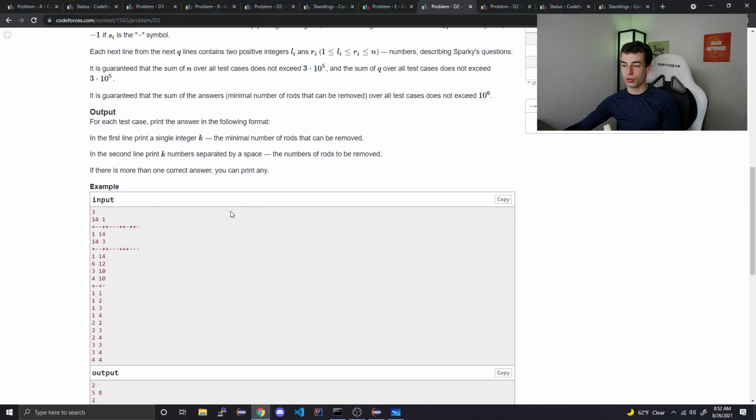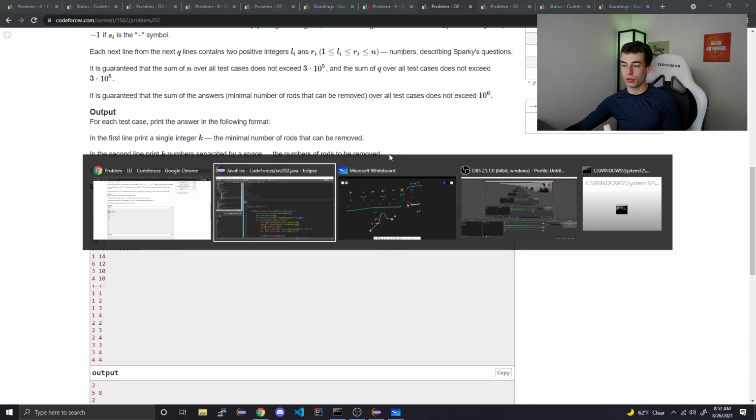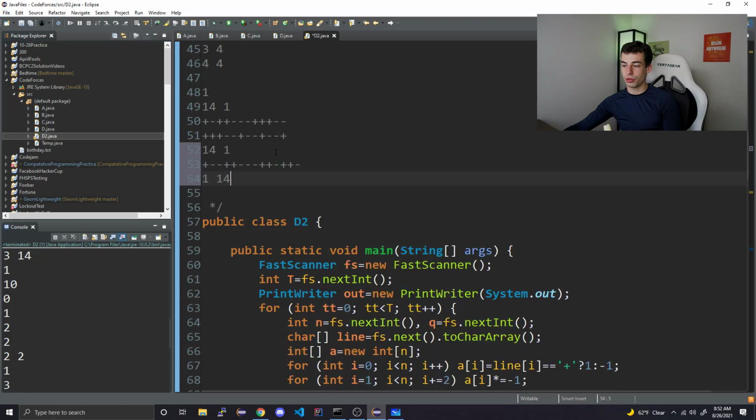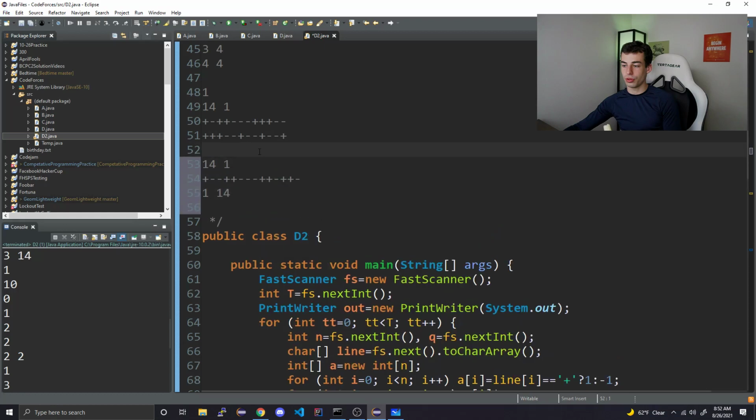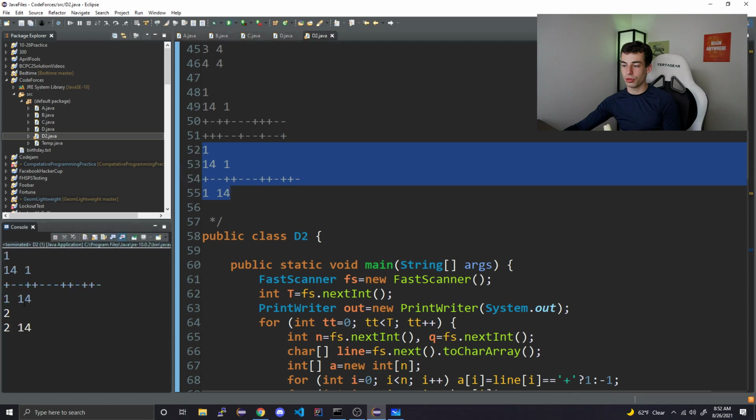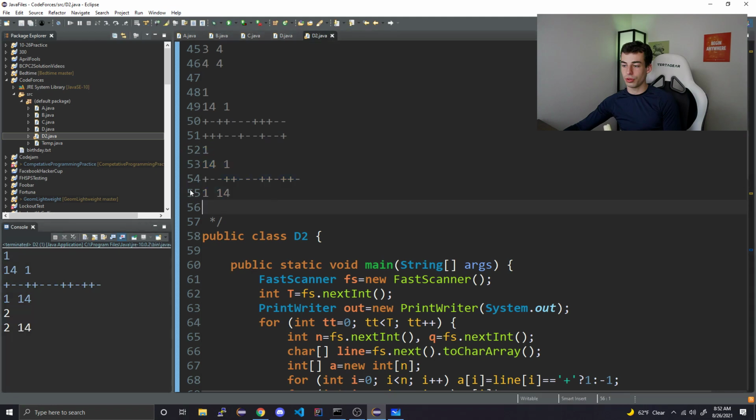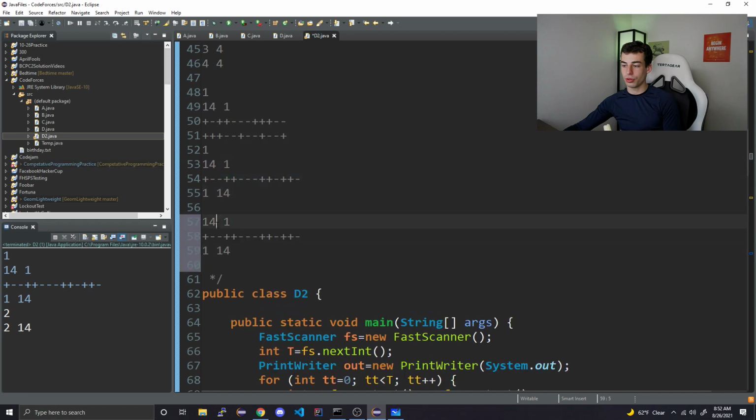What is test case 1? First test case is this. Remove index 2 and 14. Oh. Okay. Index 2, huh? So what is the sum now?